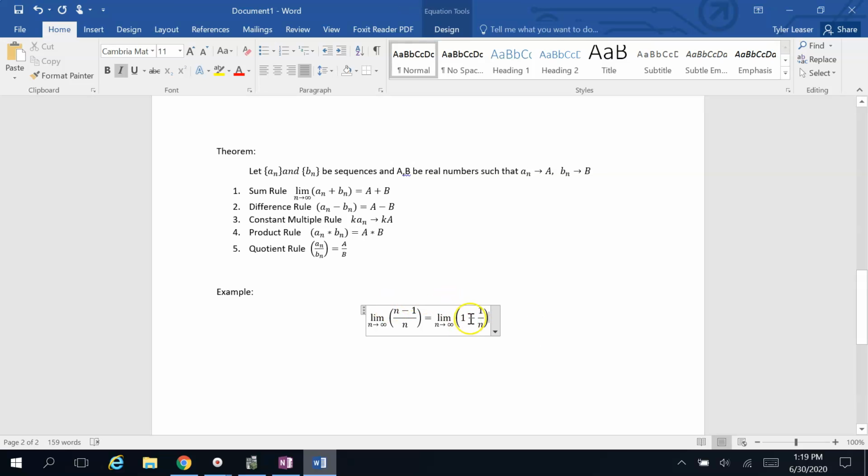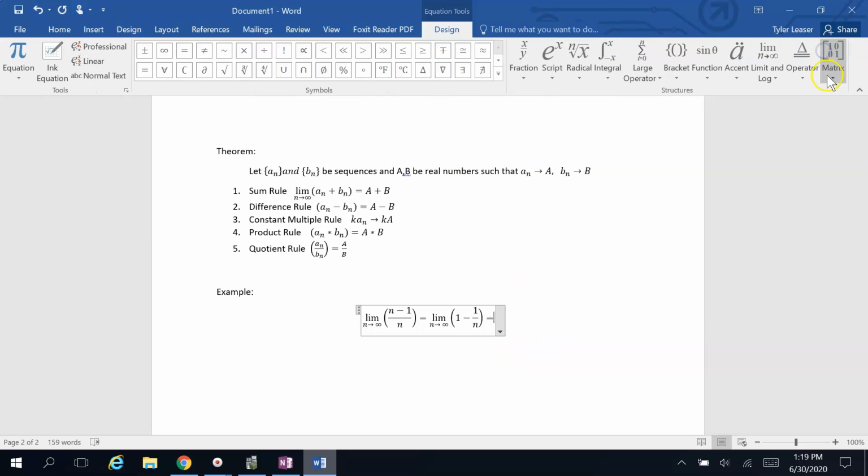Now I have two sequence values that are subtracted from each other, so now we have the difference rule. Here I could write this as the two different limits: the limit as n goes to infinity of the first sequence, 1, minus the limit as n goes to infinity of the other sequence, 1 over n.